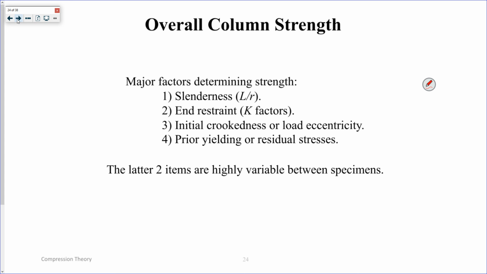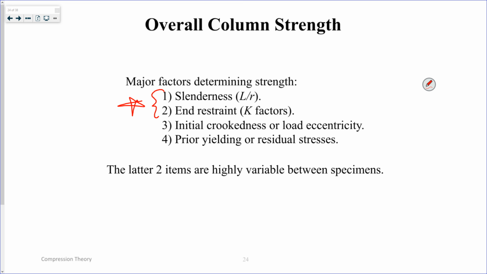So when we're looking at our manual, these are the two that we're going to look at the most, that we can control. As designers, we can control how long something is, what shape we use, governing its radius of gyration, and we can control our end restraints, our K factors.